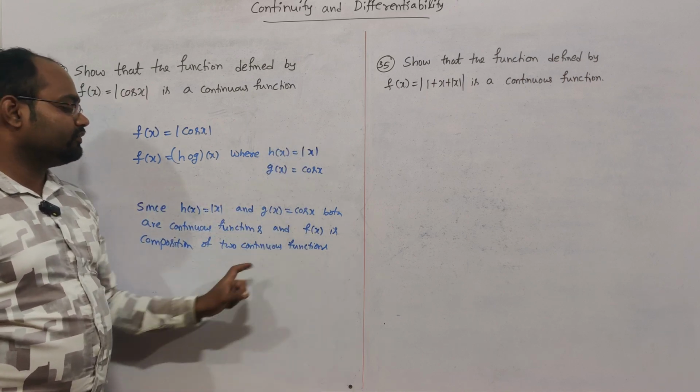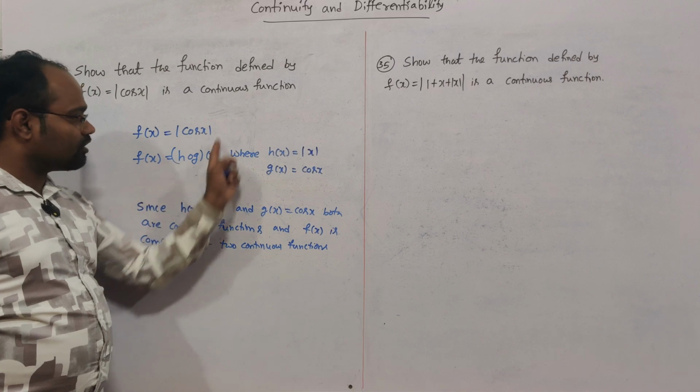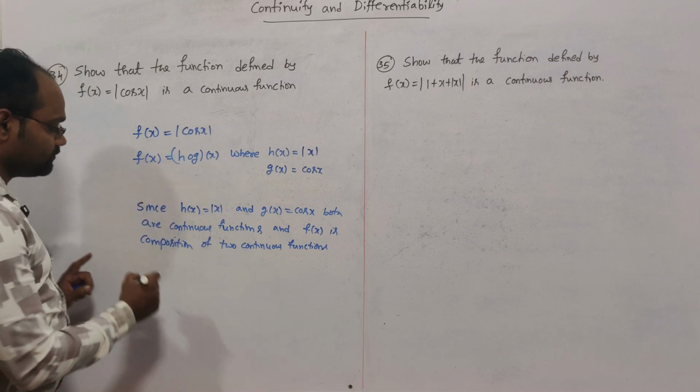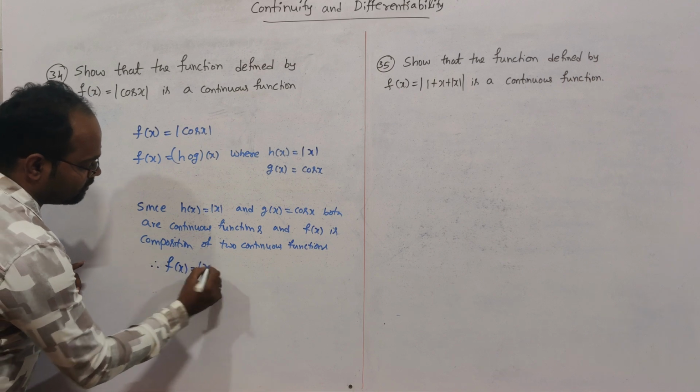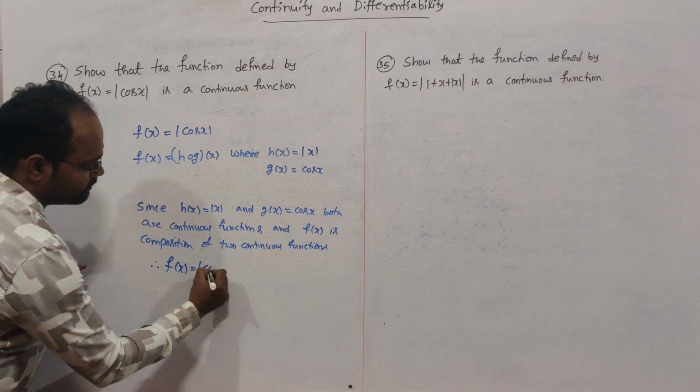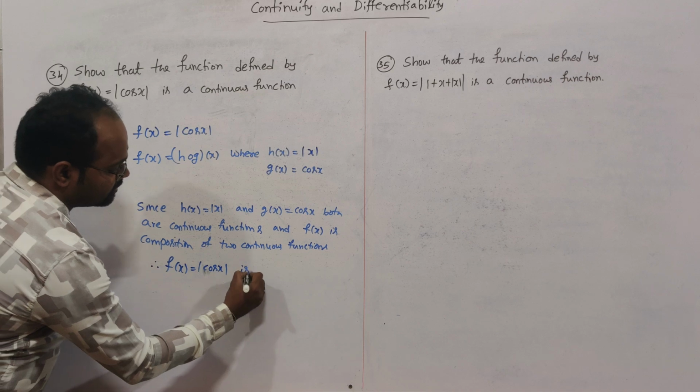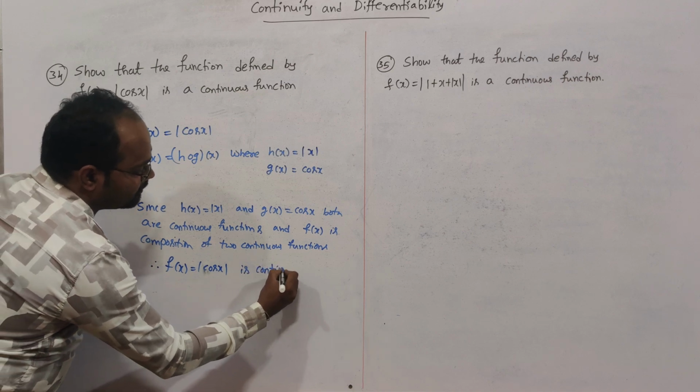So both are continuous functions and this is the composition of two continuous functions, therefore f of x is equal to mod cos x is continuous. Simple.